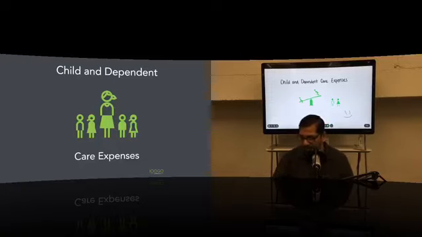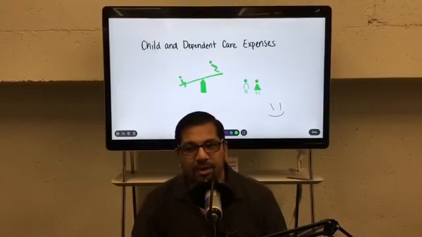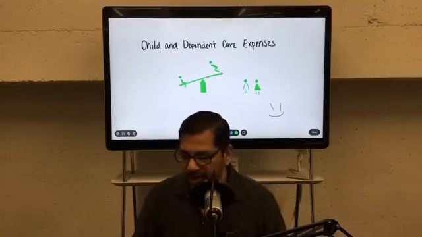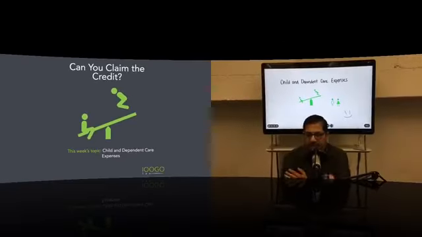So that's the first thing you need to understand. As we move forward, let's talk about who can claim the credit. Can everybody claim this credit? No, not everyone can. You have to be in a certain filing status, and you have to meet certain requirements to claim the credit. Number one, married couples can claim the credit, and single with dependents can claim the credit.